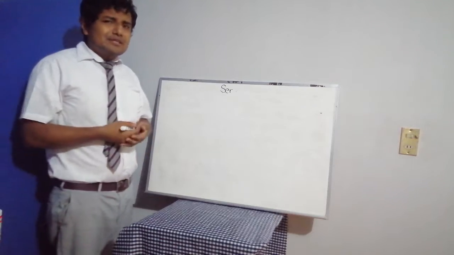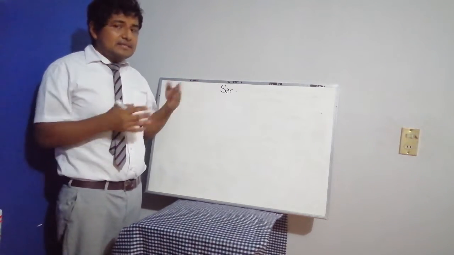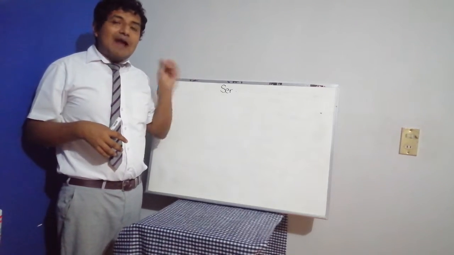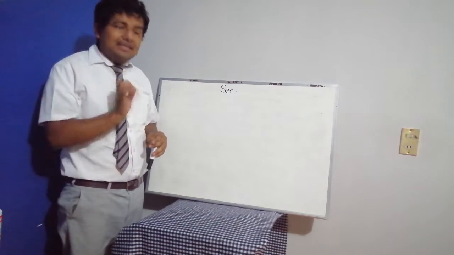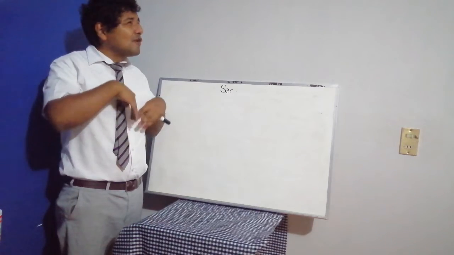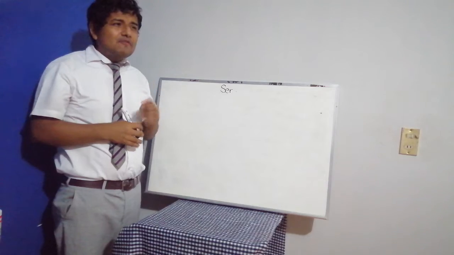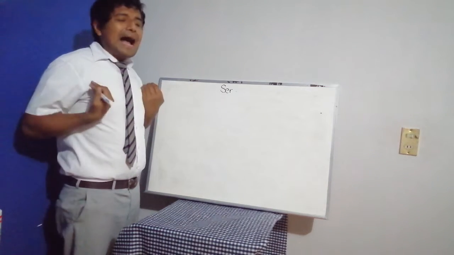Well, the question for you probably is, what the heck, when do we use ser and estar? In this case, ser is used for things or actions that are not going to change. It's something that is static, something that never or probably is going to change, but not for a while. For example, in this moment I'm young.